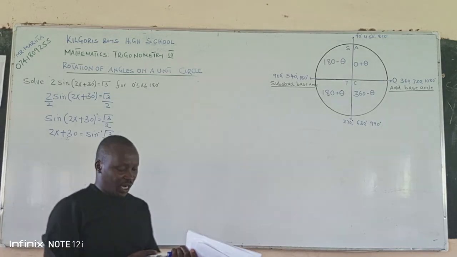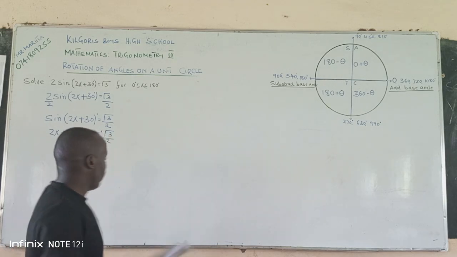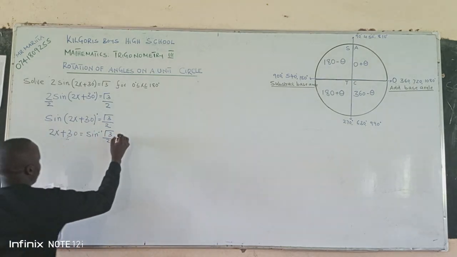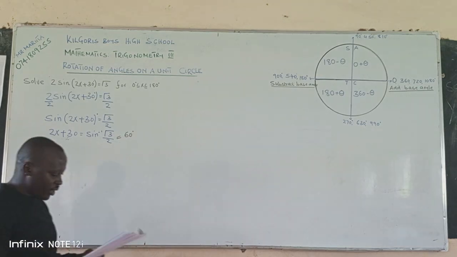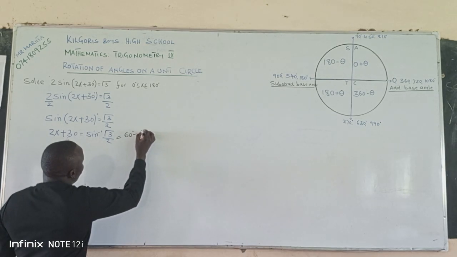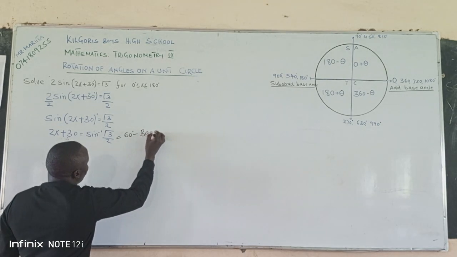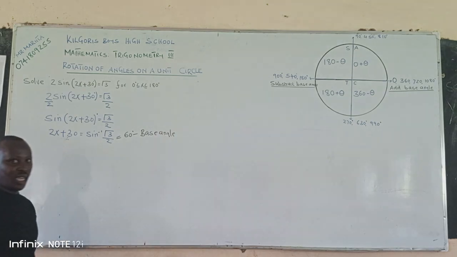What do you have from your calculator, or you can use a mathematical table? You get that root 3 over 2 is equivalent to 60 degrees. So this one will be equivalent to 60 degrees, and in that case this is our base angle.